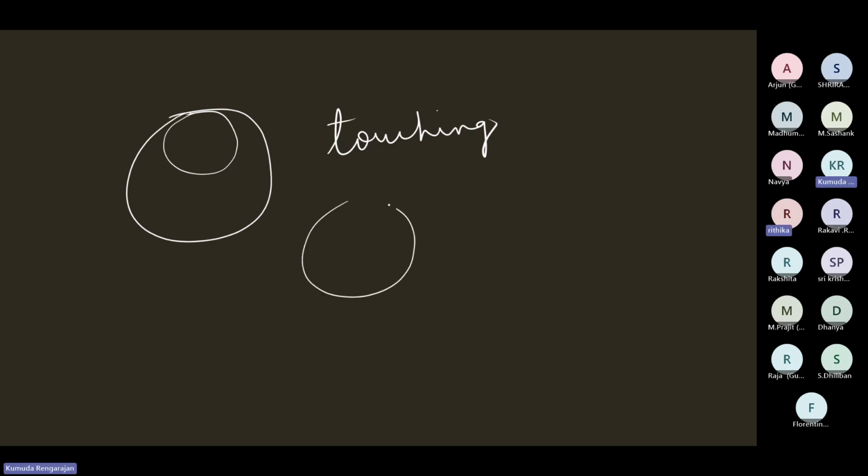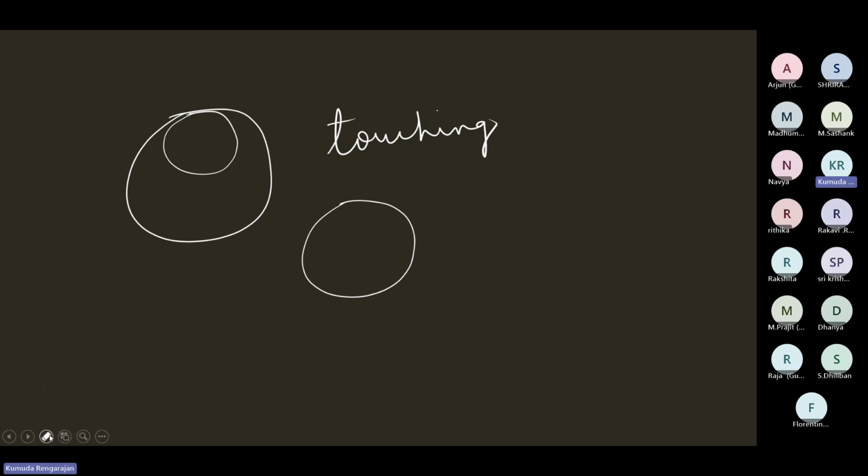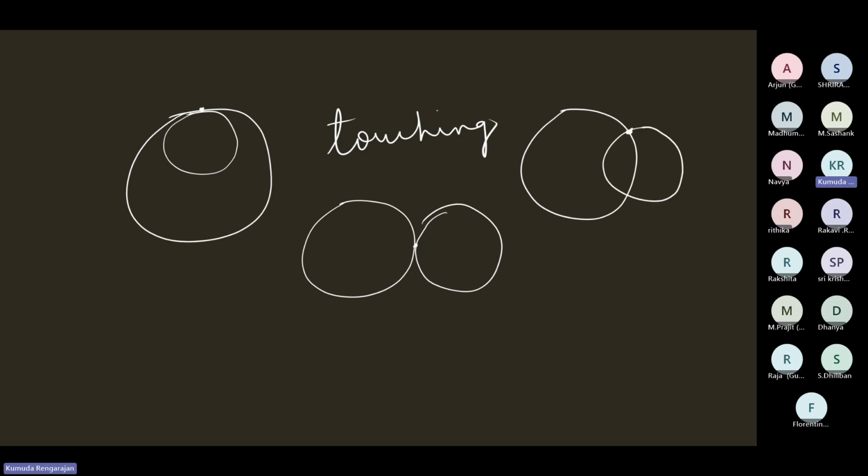They can touch each other externally like this. Touching circles have only one point in common. Intersecting circles have 2 points in common.